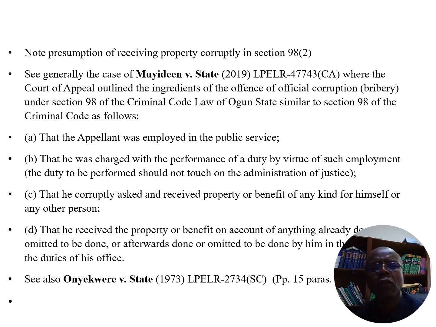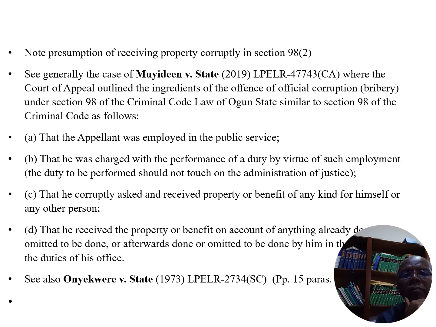See generally the case of Muhyiddin against the state, 2019 Law Pavilion Electronic Law Report, where the Court of Appeal outlined the ingredients of the offense of official corruption, bribery, under Section 98 of the Criminal Code Law of Ogun State, similar to Section 98 of the Criminal Code, as follows: that the appellant was employed in the public service, that he was charged with the performance of a duty by virtue of such employment.